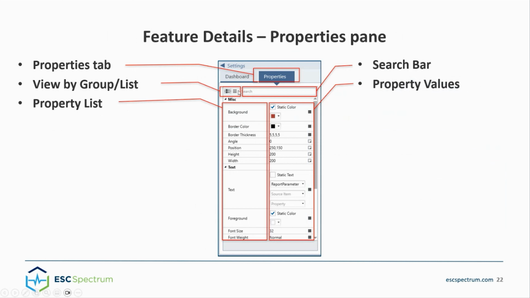So here we have like a search bar to find specific settings if needed. And the property list down here, the left of which is the name of the property, and on the right is the value or configuration settings.